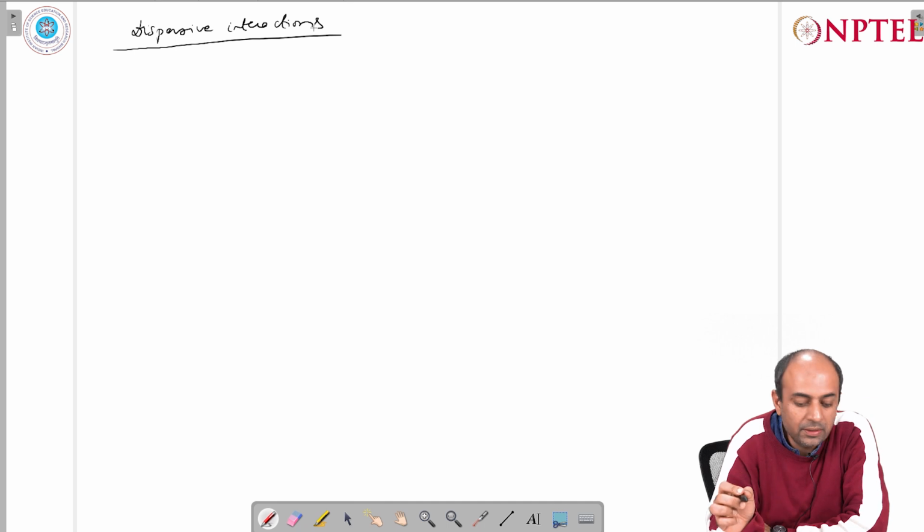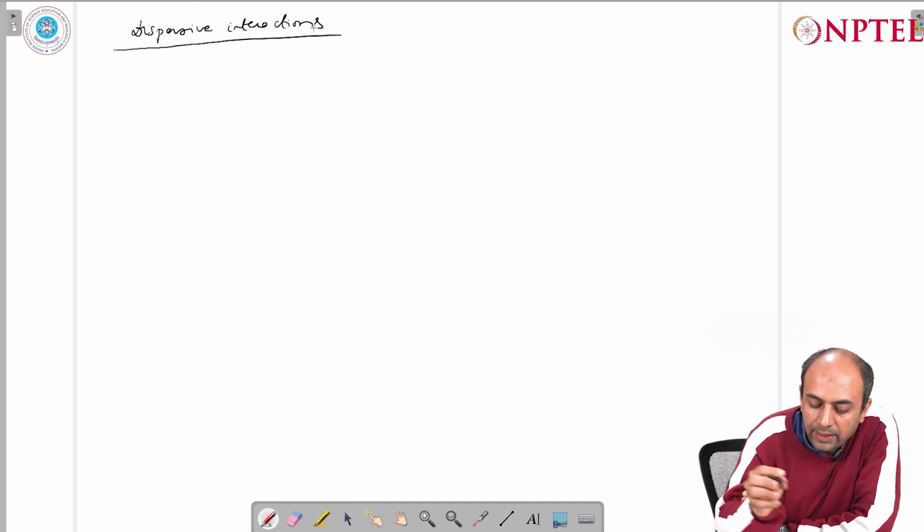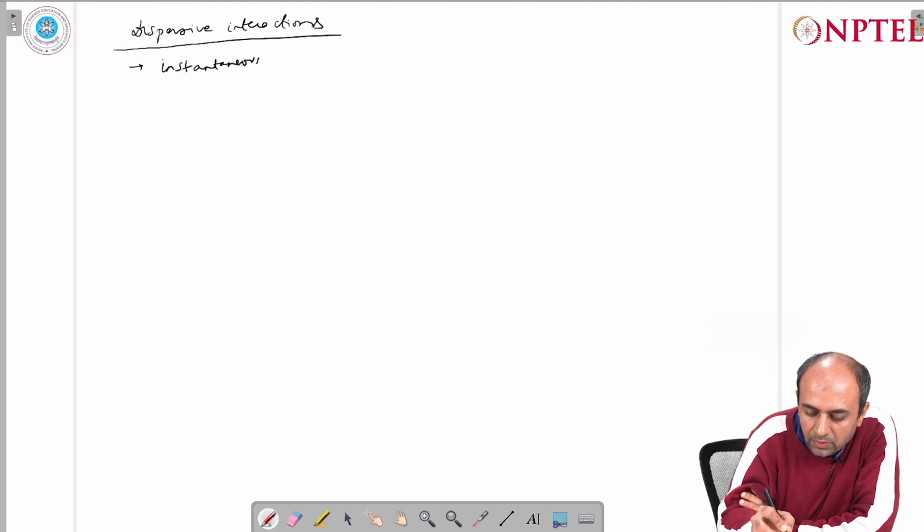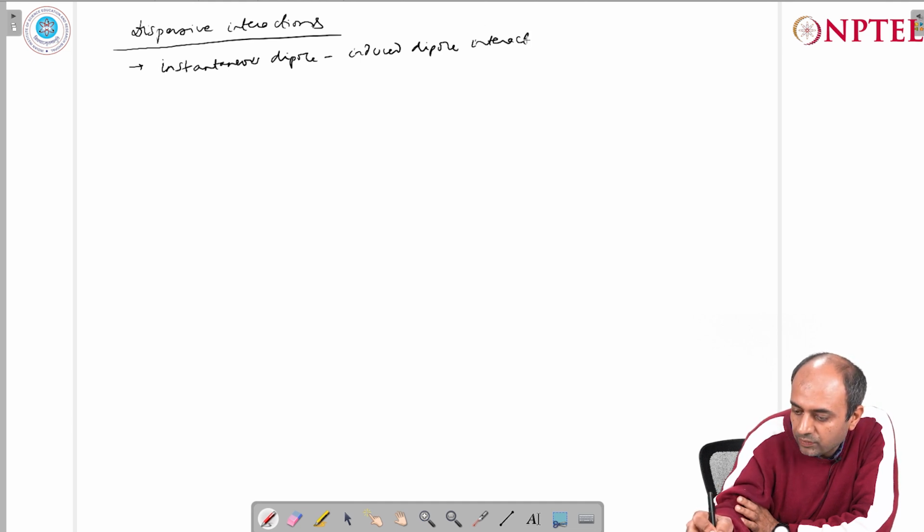These are referred to as dispersive interactions, and they are also called instantaneous dipole induced dipole interactions.